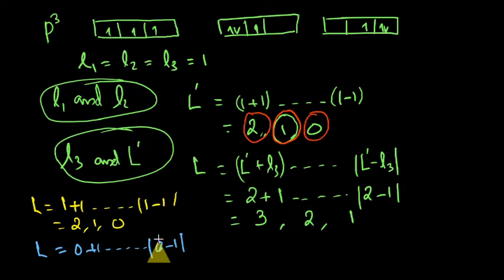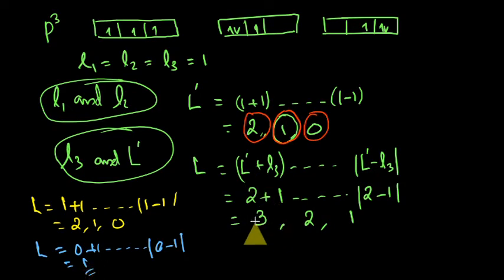So we have to adopt only the positive values. Whatever may be the calculated values of capital L, we have to take only positive integer values. So 0 plus 1 is equal to 1, and the modulus of minus 1 is also equal to 1. So we have only one value, 1 here. So L is equal to 1 in this case.